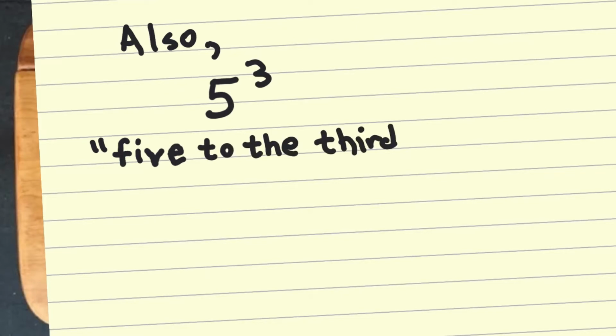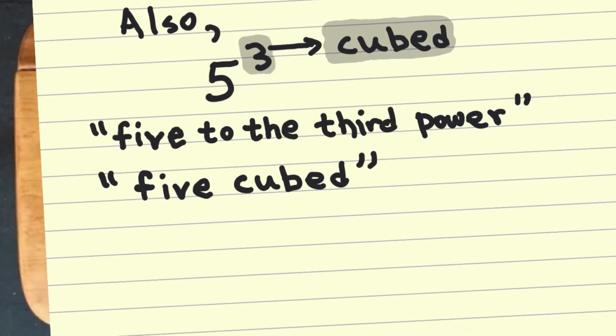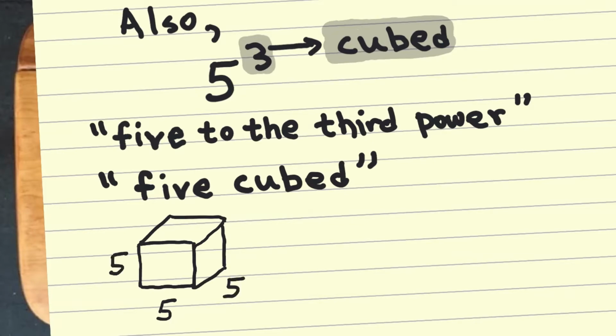Also, if you have something like 5 to the 3rd power, another name for this is 5 cubed. The 3 refers to the word cubed. And I think of it in terms of a cube existing in 3 dimensions. It has length, width, and height.